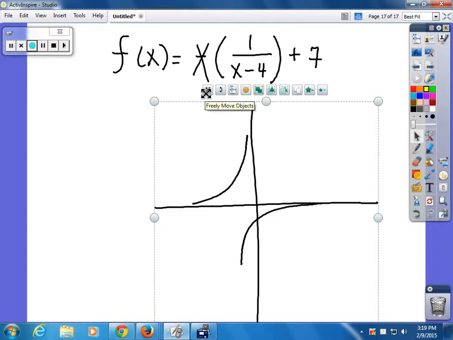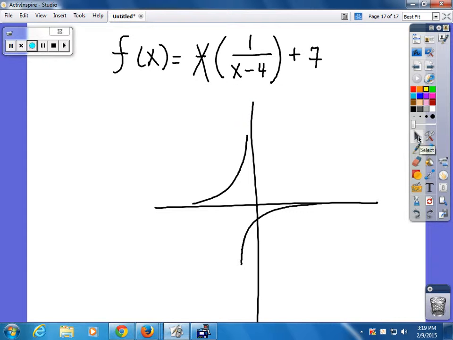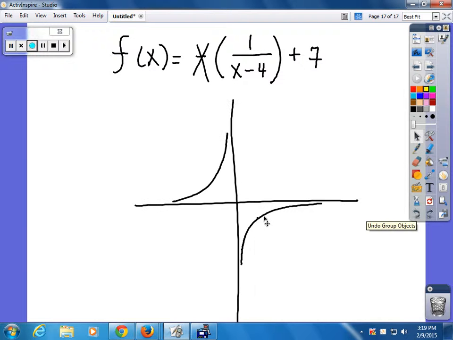So this is what I'll do. I'll just draw with a red line or a blue line. 1, 2, 3, 4. That's our vertical asymptote. 4. And then what does this tell us? 7 up. 1, 2, 3, 4, 5, 6, 7.